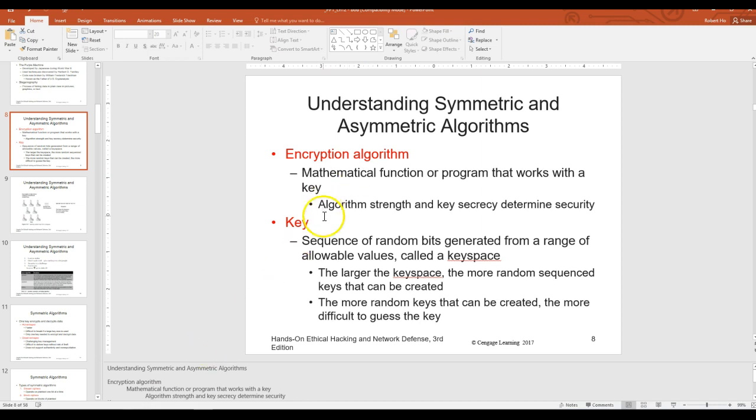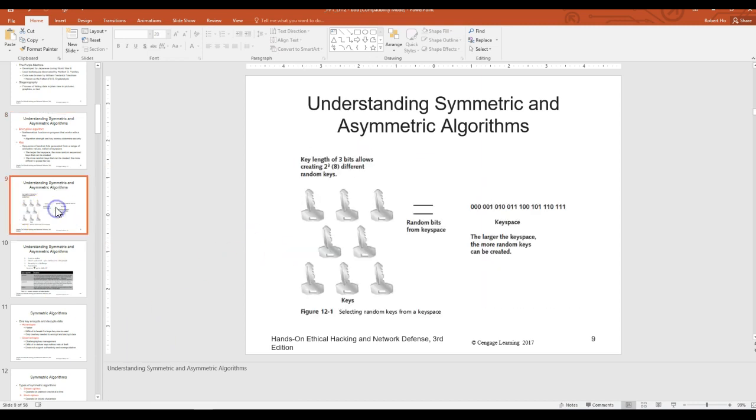In the next slide, I will show you how to picture them. These are the two terms that you need to know: encryption algorithm and key. Now, key length. Let's say that we have 3 bits. With 3 bits of key length, we can create 8 different random keys, 2 to the power of 3, which is 8.